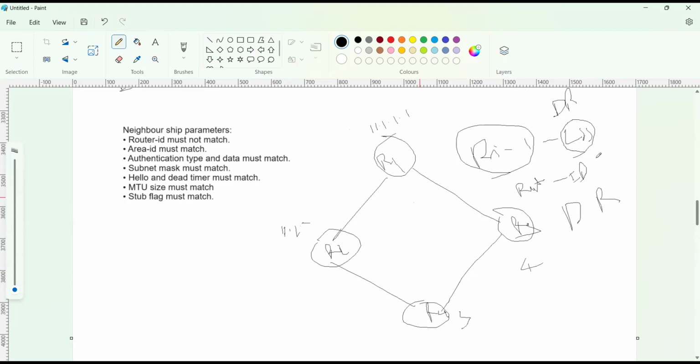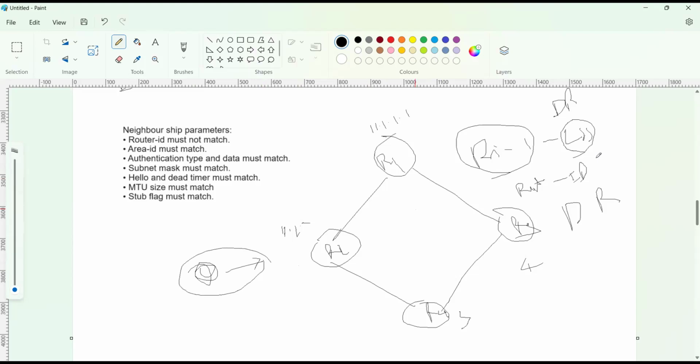If the priority is 0, the router won't be elected and doesn't participate in the election. We can change the priority from 1 to 0 up to 255. If the priority is 0, that router will not participate in the DR-BDR election in the area.